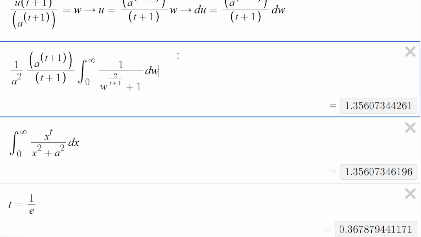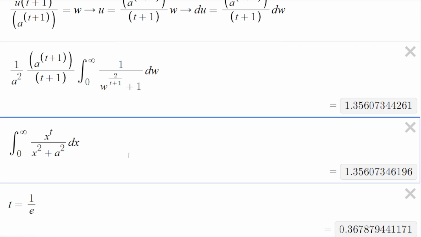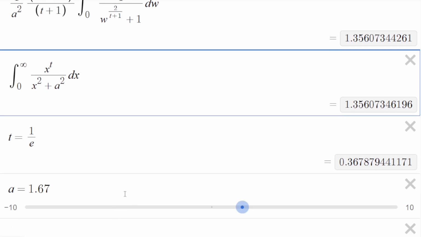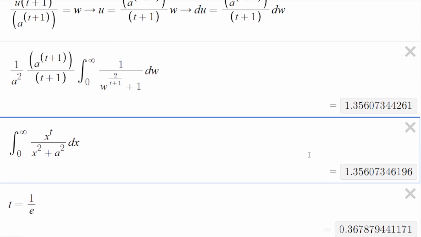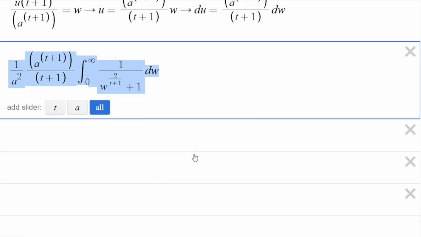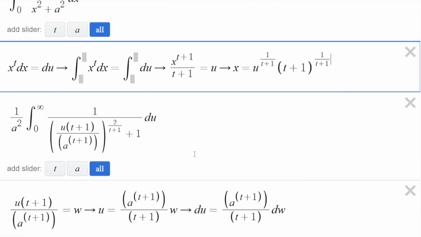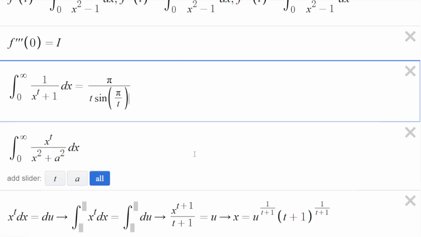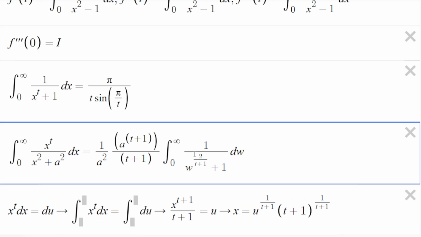Not pretty much, they are the same. This just evaluates numerically, so it makes a little bit of error at the very tail end of the decimal. But they are the same thing. Okay, so let's get rid of that, and then just paste up here that this is equal to this.